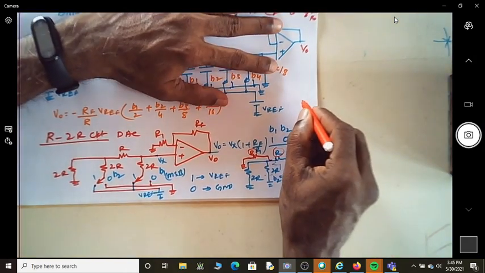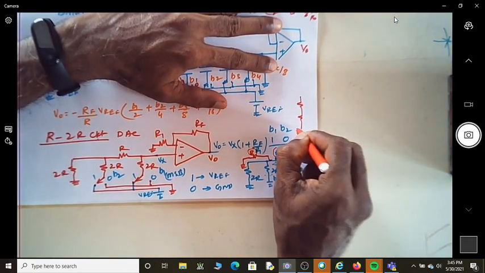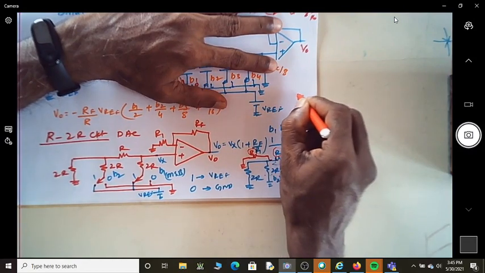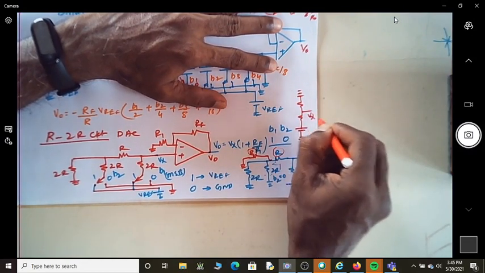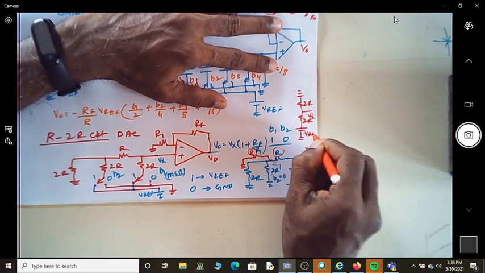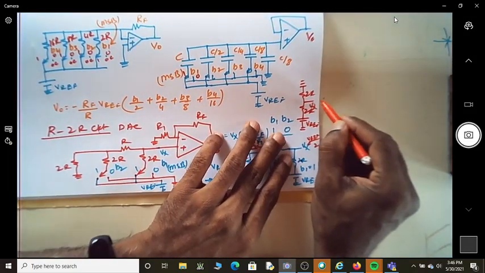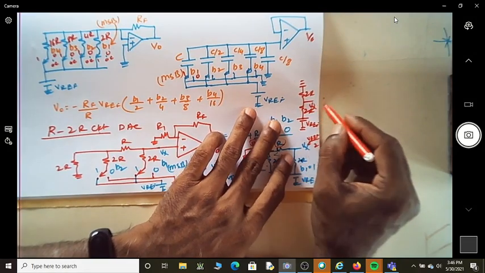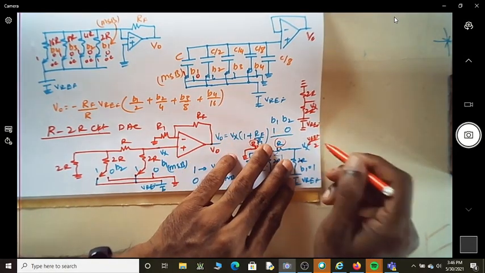The effective circuit looks something like this. You have, this is effectively grounded. If you are looking at Vx, this is 2R, this is also 2R, you have V reference. In such case, the Vx voltage becomes half of V reference.